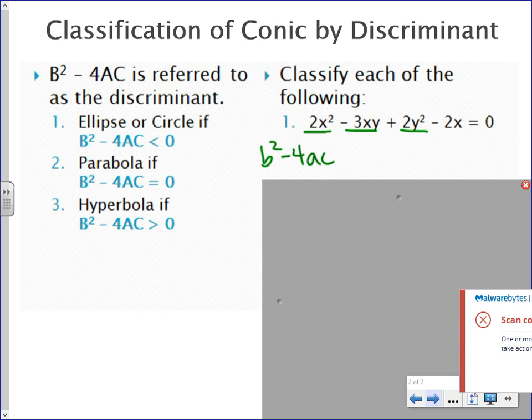I guess I should do capital letters. So, B squared minus 4AC. B is the coefficient of xy. A is the coefficient of x squared, and C is the coefficient of y squared.